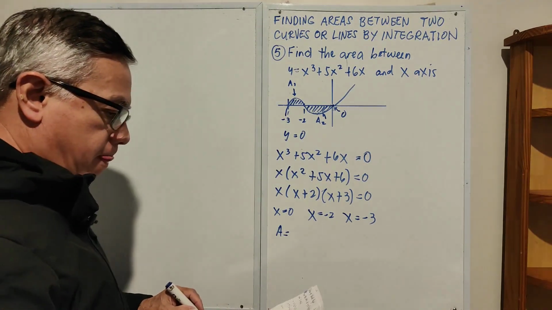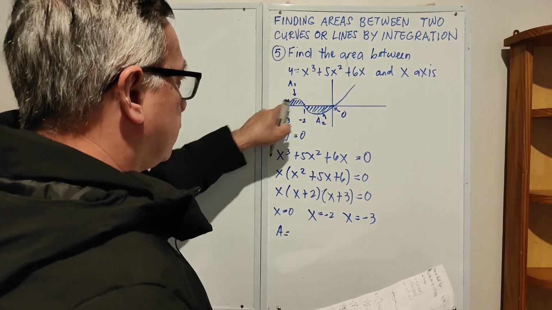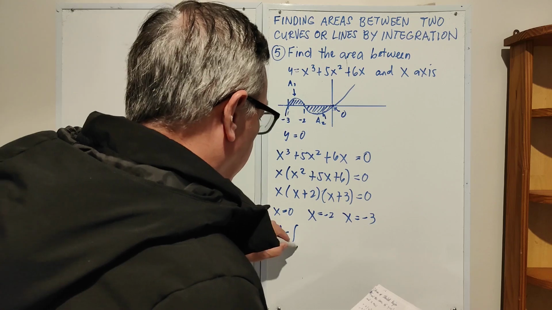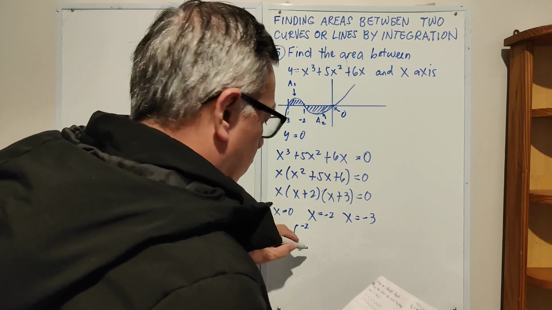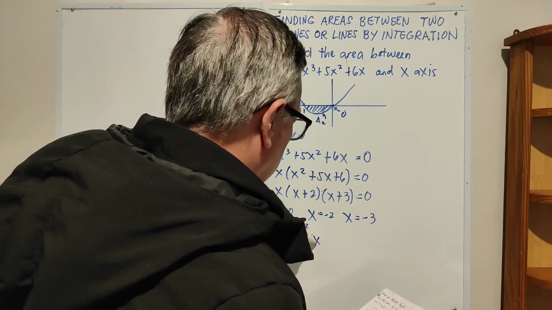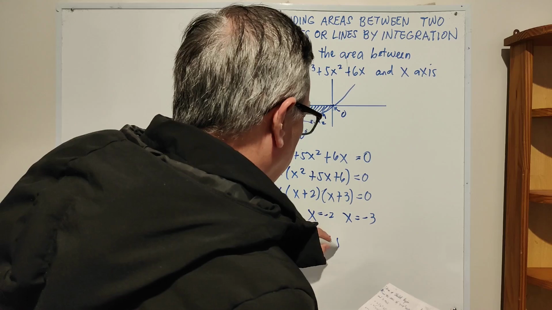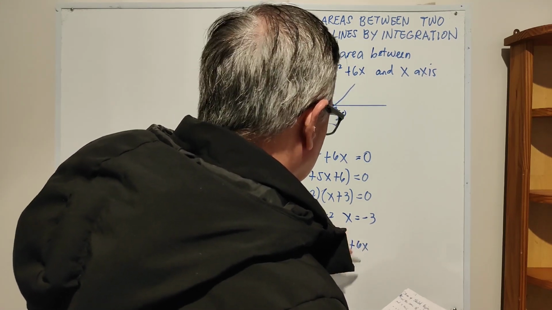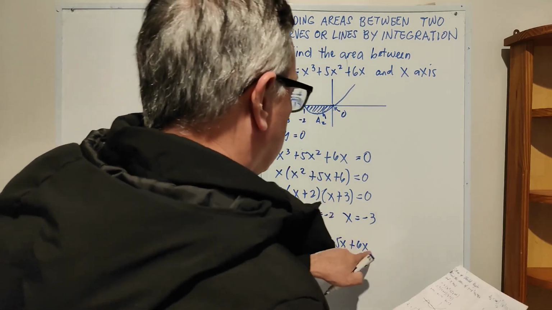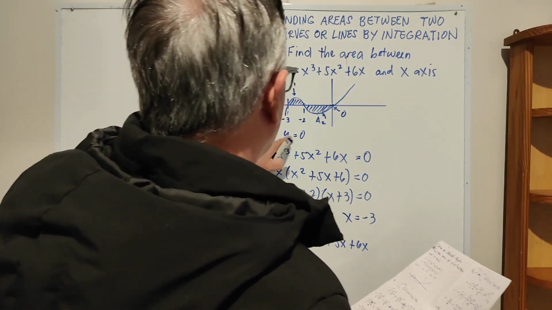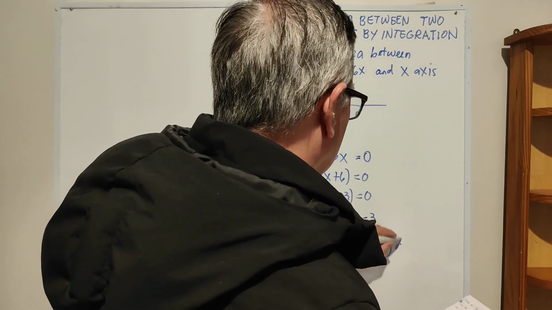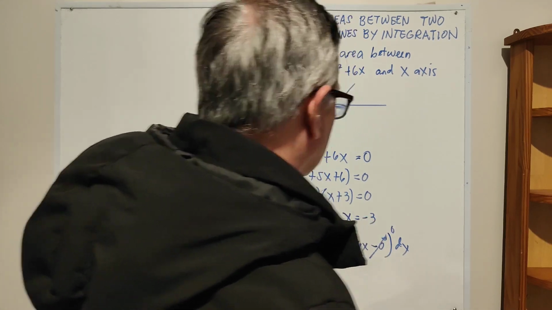So to get area 1, the curve would be evaluated from negative 3 to negative 2. That will be this curve, x cubed plus 5x squared plus 6x. So we subtract the line, top minus bottom, minus 0, dx. But since this is 0, we don't need to include it.